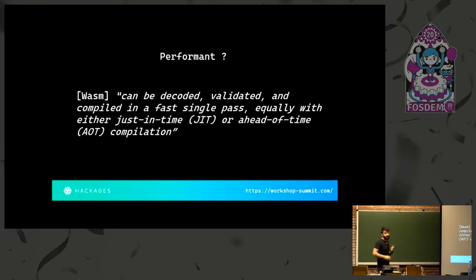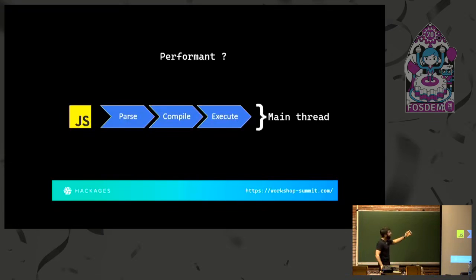Also, WASM can be decoded, validated, and compiled in a fast single pass, equally with either just-in-time or ahead-of-time compilation. If you check how JavaScript is handled within a browser, you first fetch the whole resource, and then you parse it, compile it, and execute it. All that in the main thread. There are some exceptions, okay?